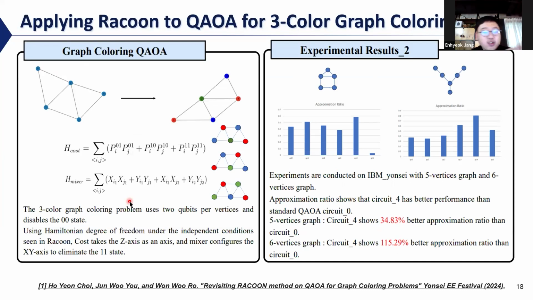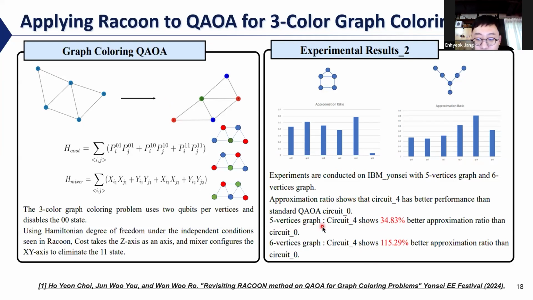And here is one of our undergraduate interns, who presented his research at the Yonsei EE Festival. He adapted my idea, Raccoon, to another QAOA algorithm, not MaxCut, but 3-color graph coloring, and it also achieved fidelity improvement and gate reductions.